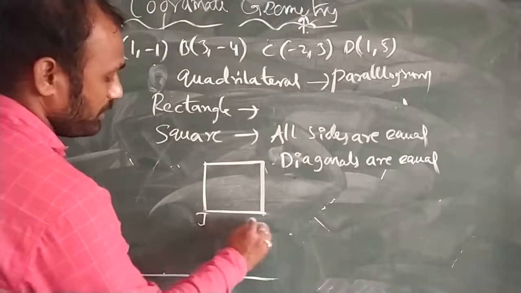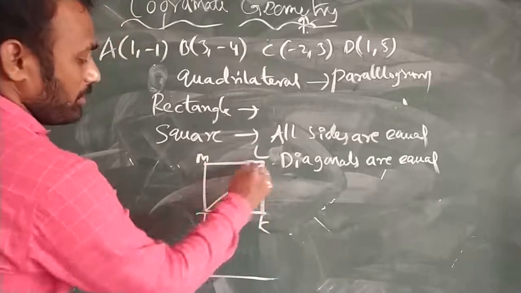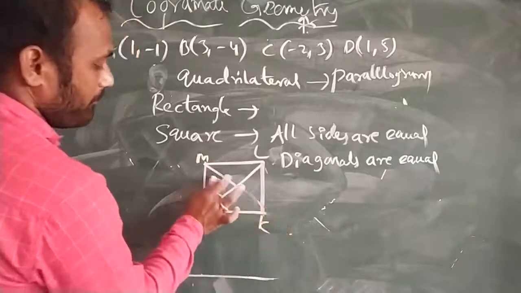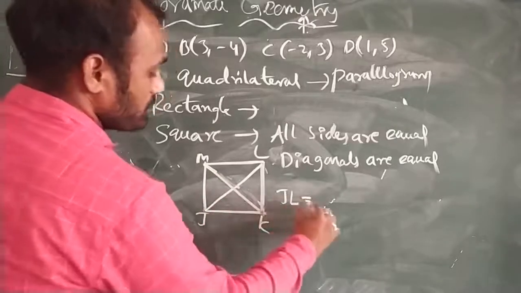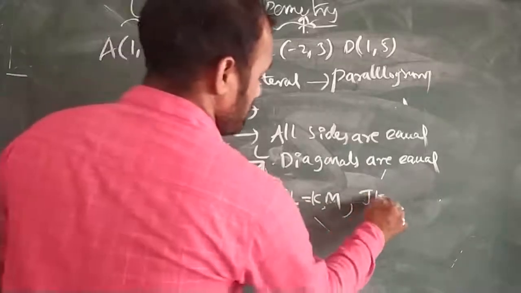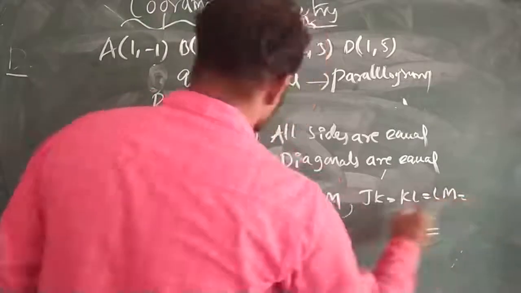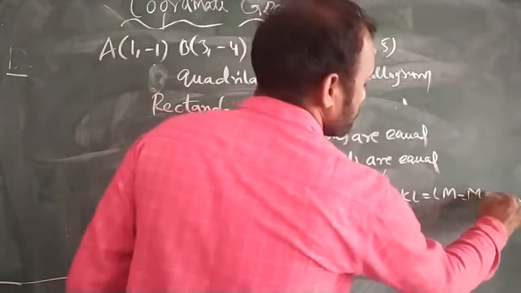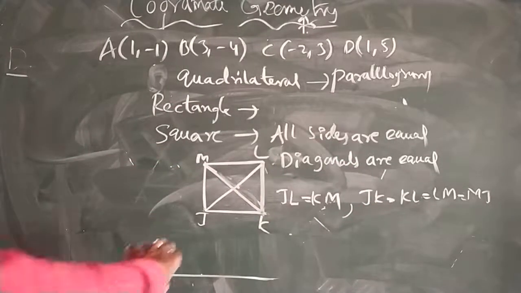If J, K, L, M is a square, and if JL is equal to KM and JK, KL, LM, MJ, if all are equal, then you have to call that type of quadrilateral a square.